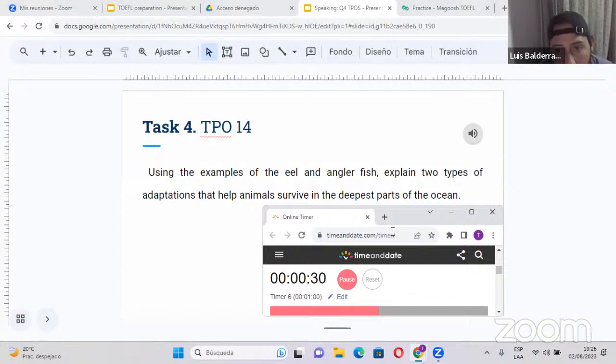Then he goes on to explain the other ability to capture food, and he mentioned anglerfish. And that's all.